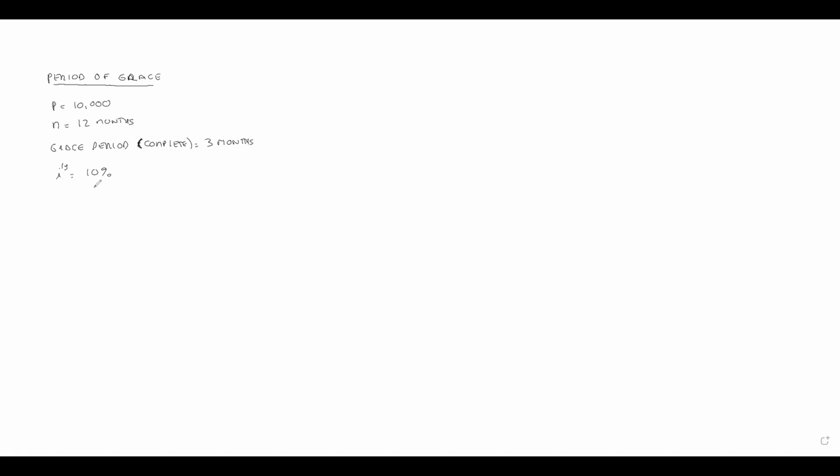Got it? So how this works, when you have a complete grace period, guys, is you don't pay principal or interest during this period. Makes sense? So basically, you don't pay anything during these 3 periods. So if I do my cash flows, it means I will receive $10,000.